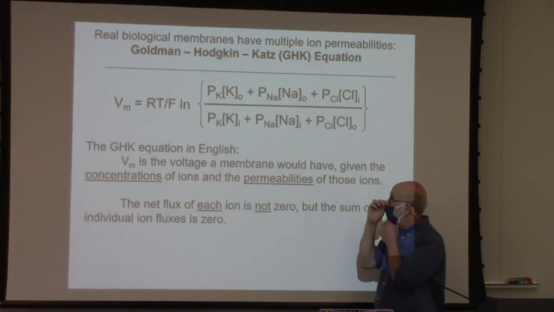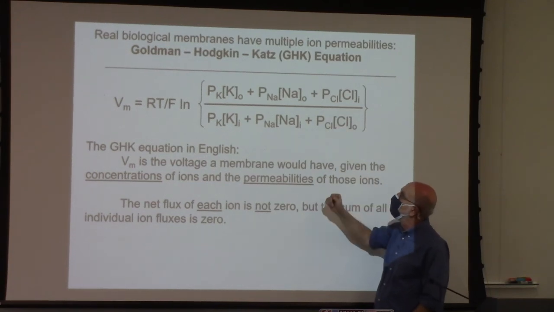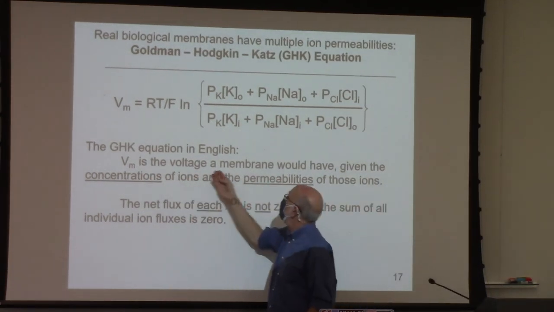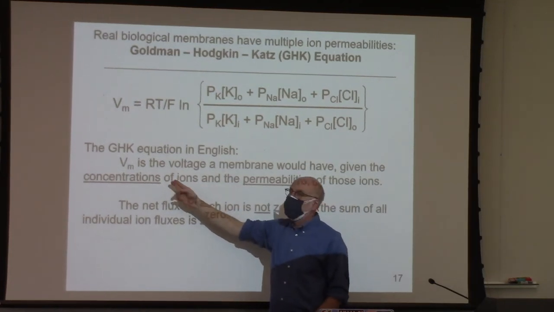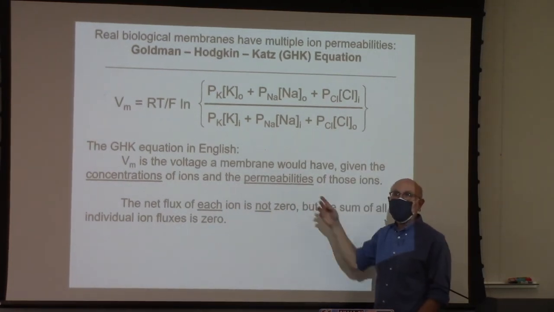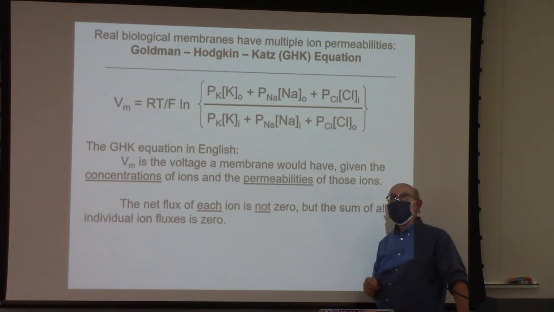So this is the equation, the voltage that a membrane would have given the concentration gradients and the permeabilities. And this is the equation you're going to work with in 5-10 minutes.